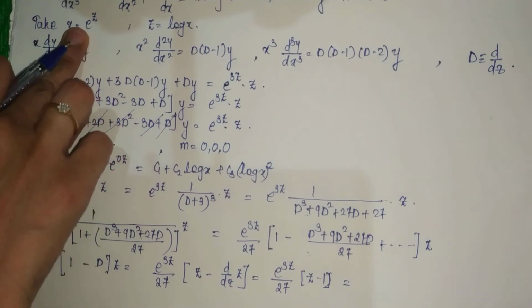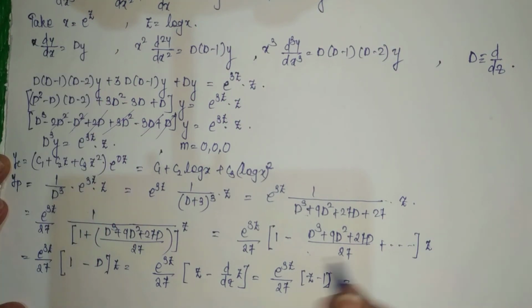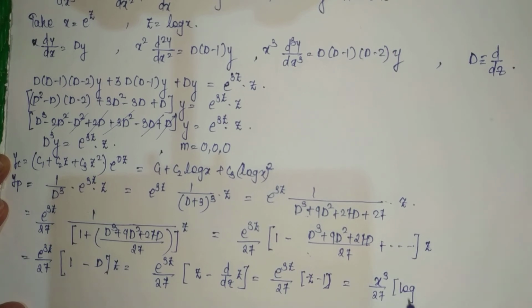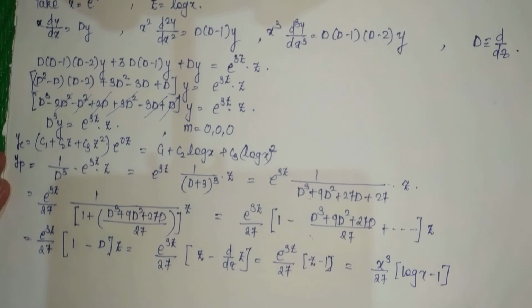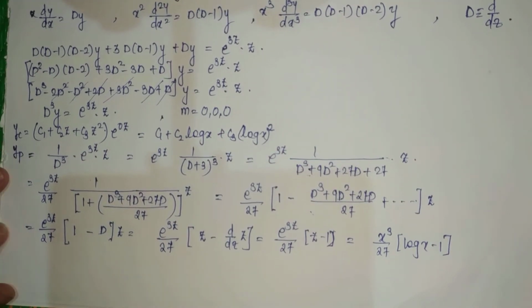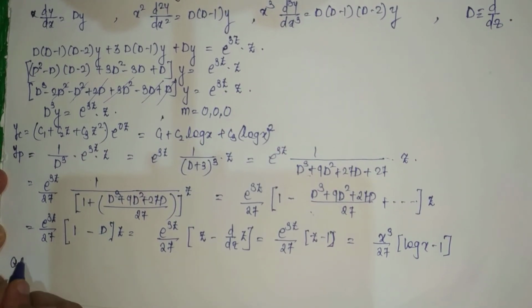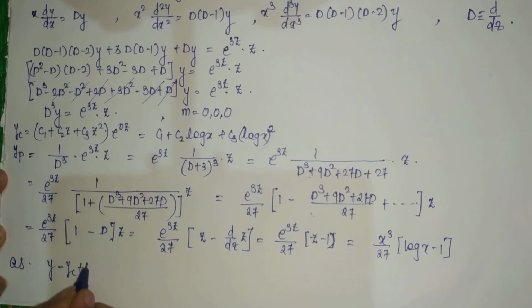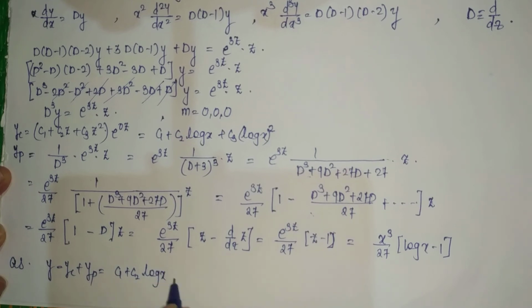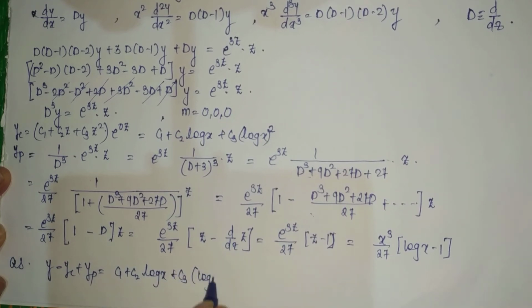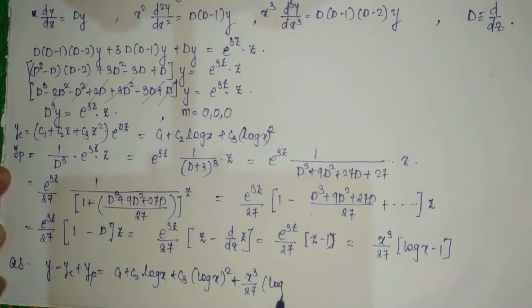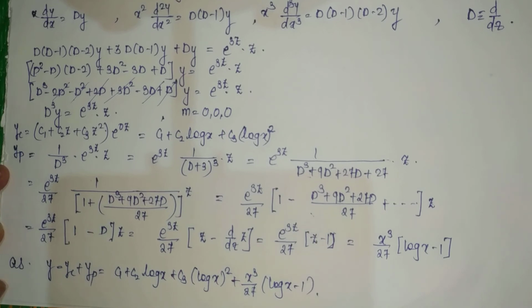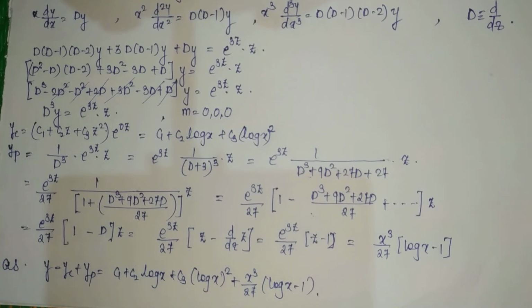What we have taken, x is e^z. So e^(3z) is x³/27, and z is log x − 1. So this is my required particular integral. So at last we can write the general solution, which is the complementary function plus the particular integral. Okay, so this is the required solution of the given differential equation.